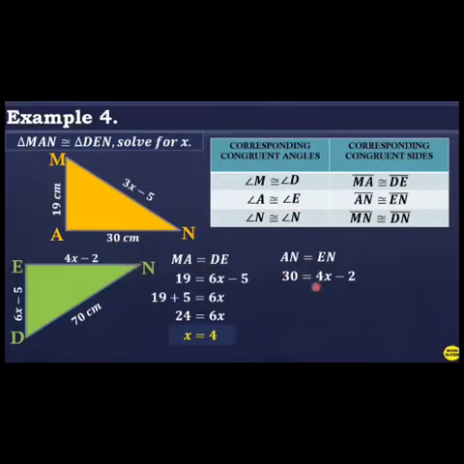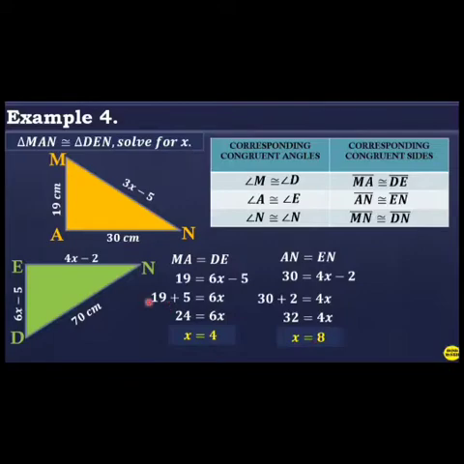So, let us solve for x. So, this will become plus. So, 30 plus 2 is equal to 4x. So, we have 32 is equal to 4x. So, divide both sides by 4. 32 divide 4, this is 8. So, x is equal to 8.